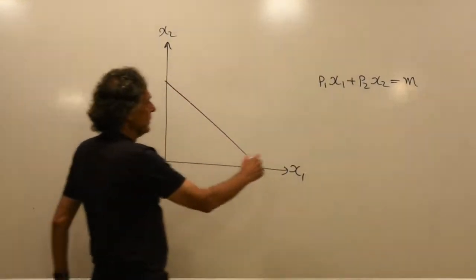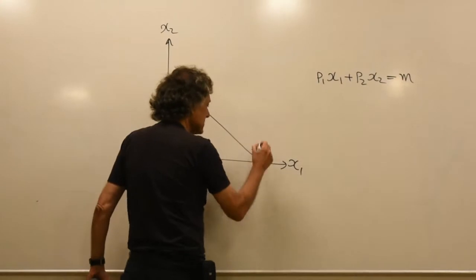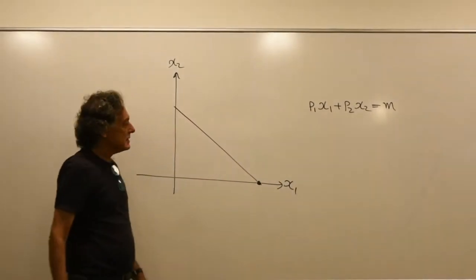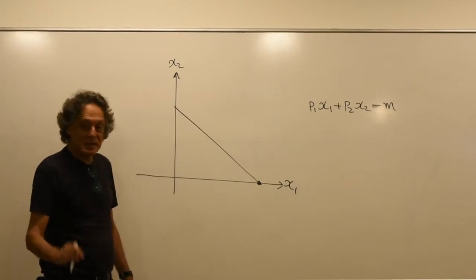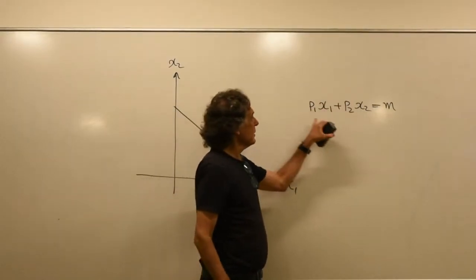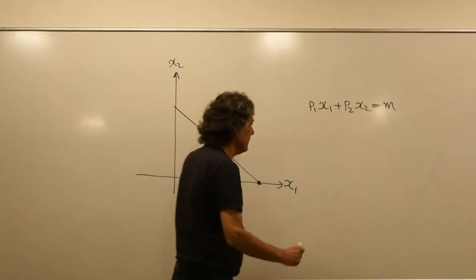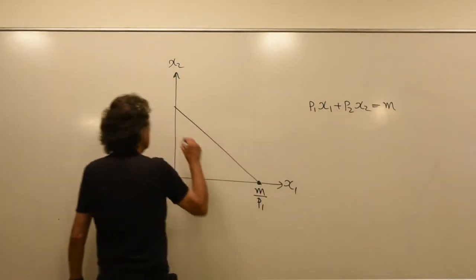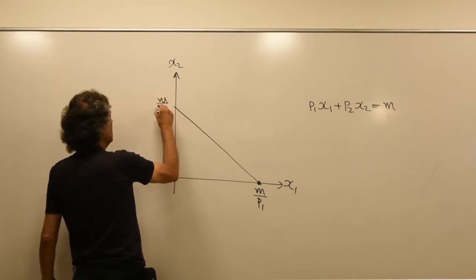So actually, every point on the X1 axis has X2 equals 0. So if X2 equals 0, P1 X1 equals M, X1 equals M over P1. And here M over P2.